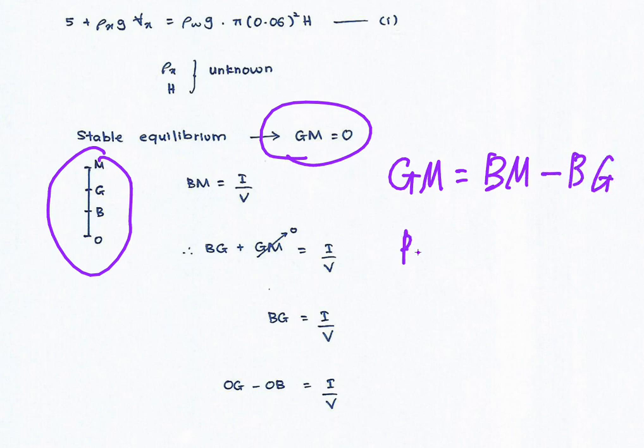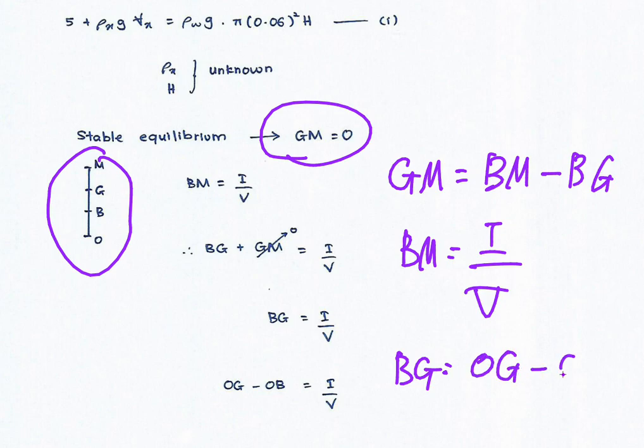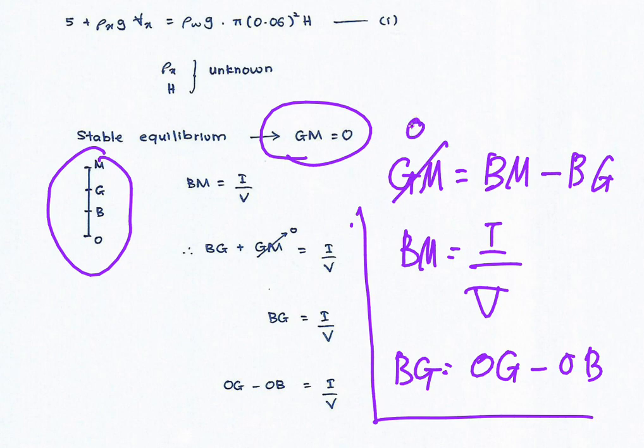Bm here is equal to moment over volume, and Bg here can be calculated as OG minus OB. I think you already know about this equation. So if Gm equals 0, it means that Bm here is equal to Bg.